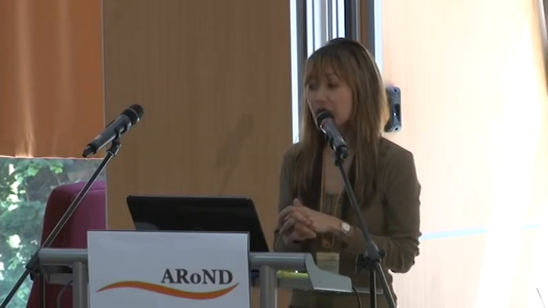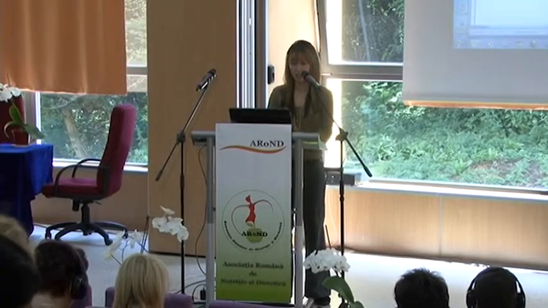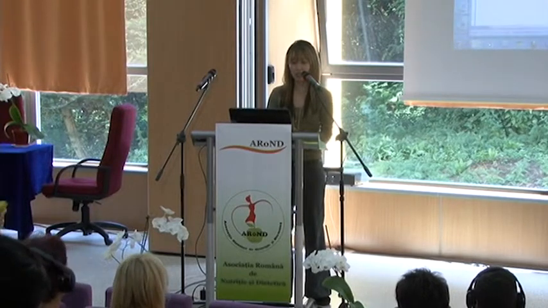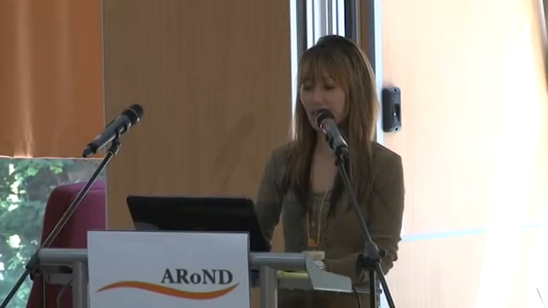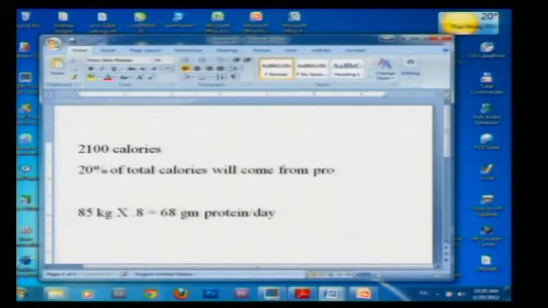Depending on what you want to use, there is a recommendation you probably heard, that 20% of total calories will come from protein. So let's figure out what that would supply for him. So let's take 2100 times 0.2 equals, and what would that give us?